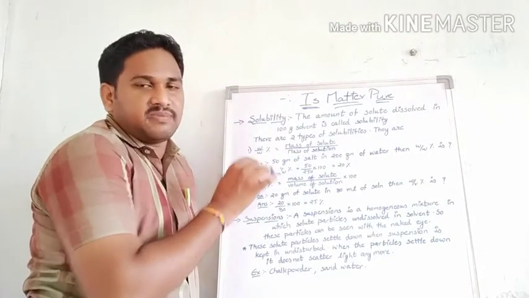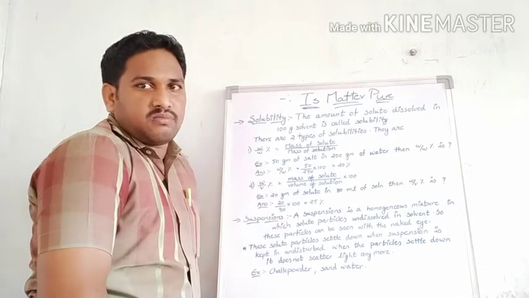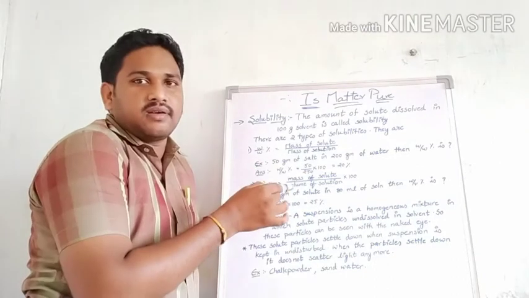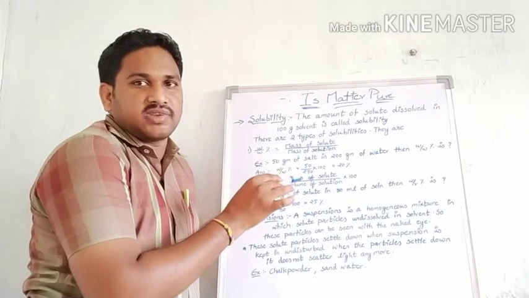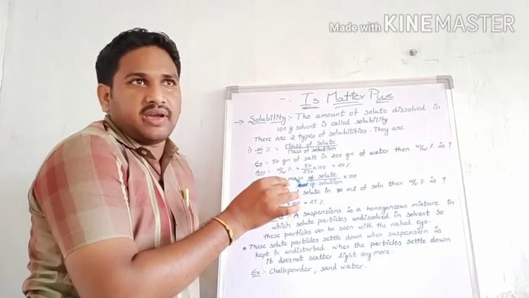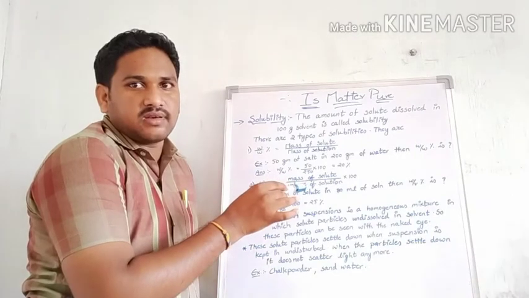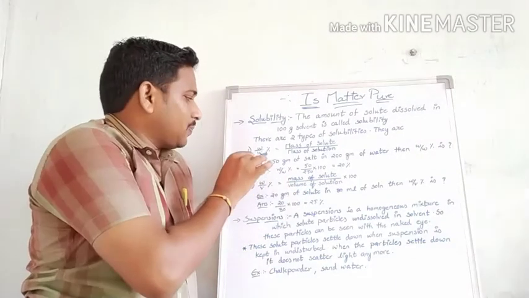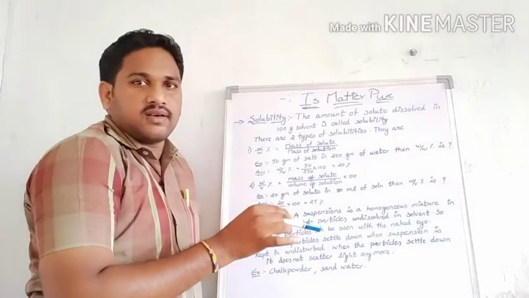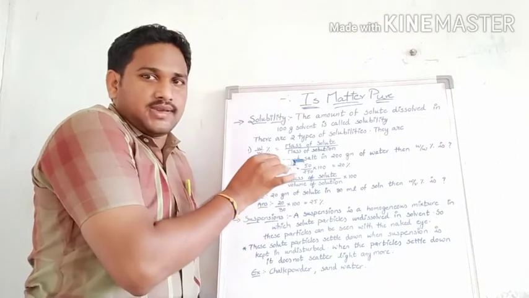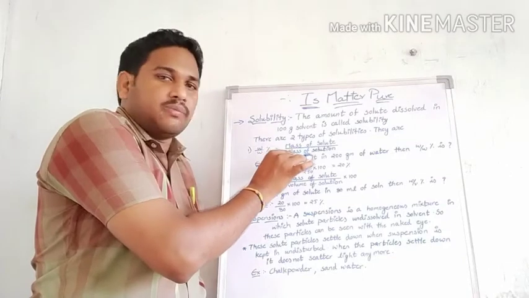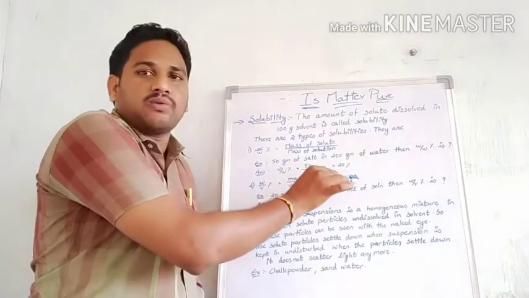Weight by weight percentage means mass of solute dissolved in mass of solution. In percentage, we multiply by 100, so the overall formula is mass of solute by mass of solution into 100.